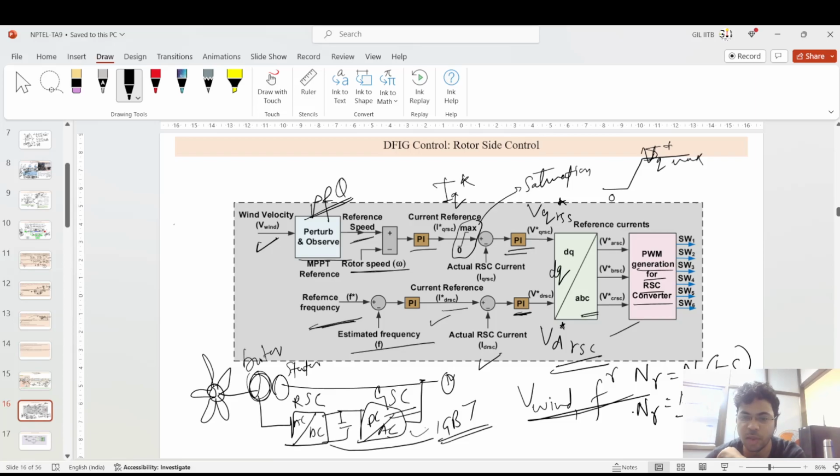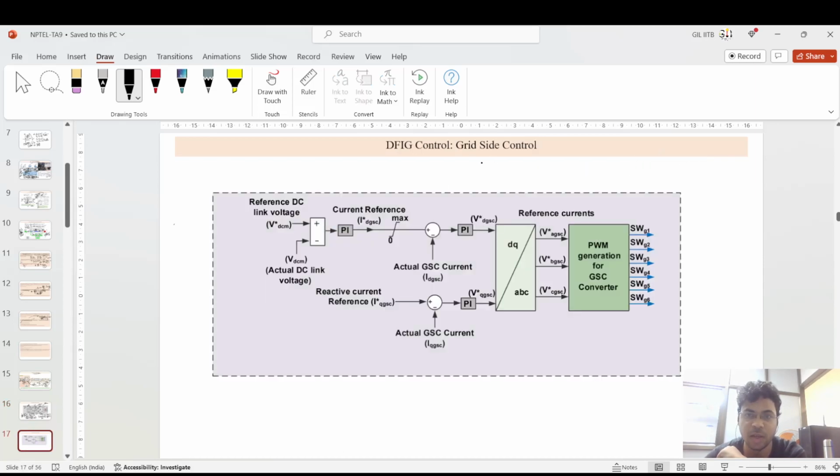Based upon that, NS is 120 F by P, and NR is NS (1 minus S). So this NR depends upon how much wind velocity has been generated, and the frequency also. So these two have to be controlled. Based upon that, the operation should be taken to maintain the stator side power at a constant level, okay.